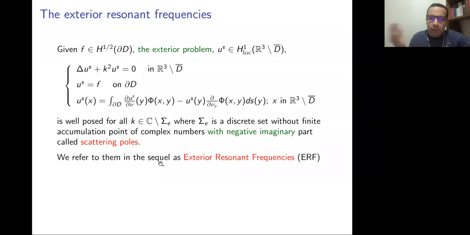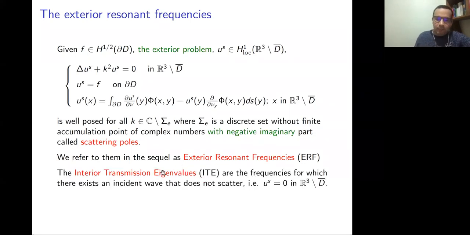And since I would like to present some duality between exterior and interior, let me refer to them as the exterior resonant frequencies, so for the exterior problem. And again, I already introduced the notion of transmission eigenvalues. They are related to invisibility. So there is some data that produce zero scattered field, and in this context I will call them interior transmission eigenvalues.